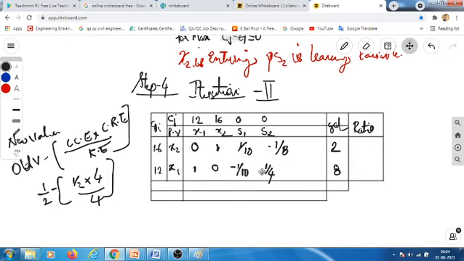So, what is the next step? The next step is to calculate the values of Zj.